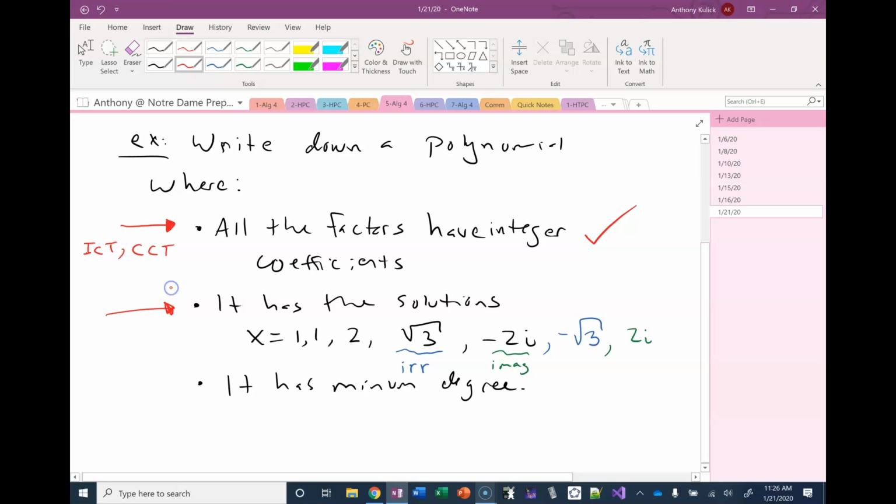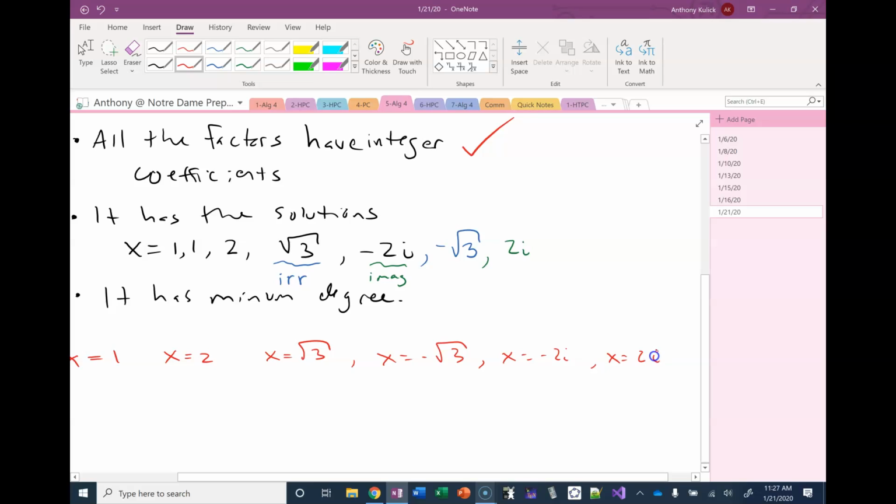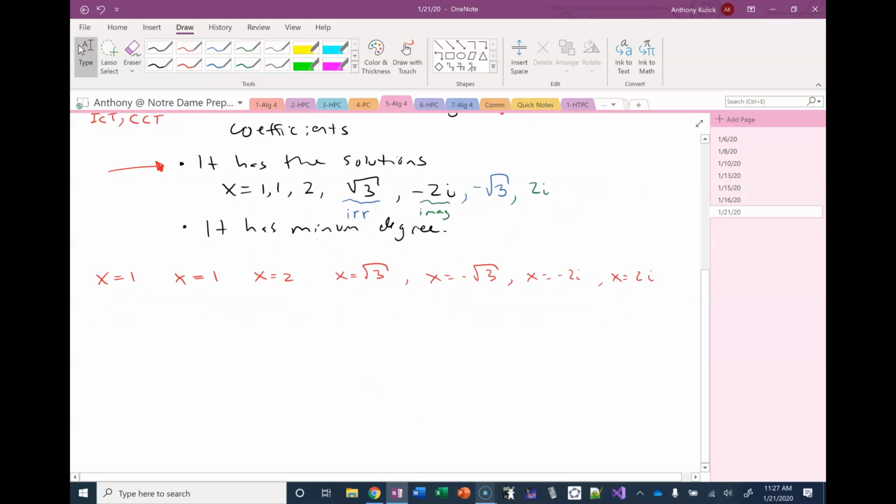Now we're going to move on to this criteria. So what I'm going to do is I'm going to write down each of these solutions separately. And notice I wrote the conjugate pairs next to each other just for convenience. Now, what I'm going to do to each one of these equations, these are equations, right?